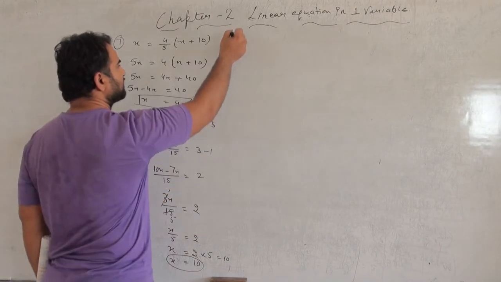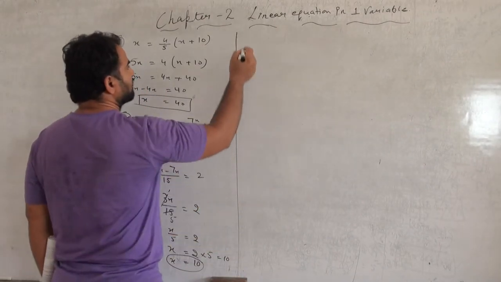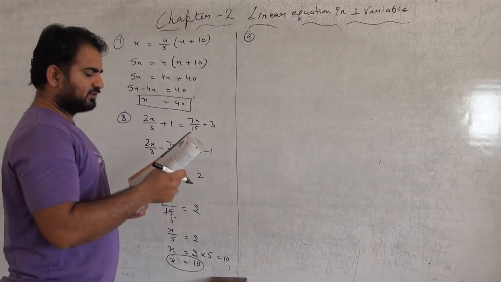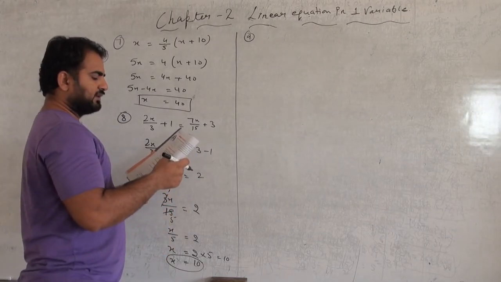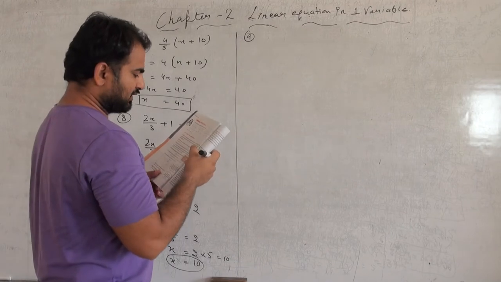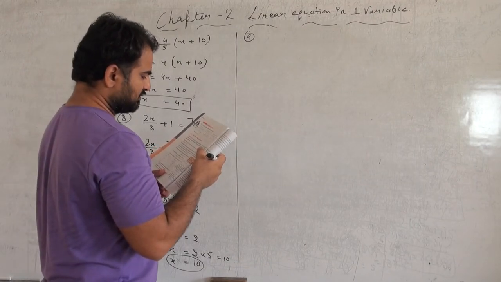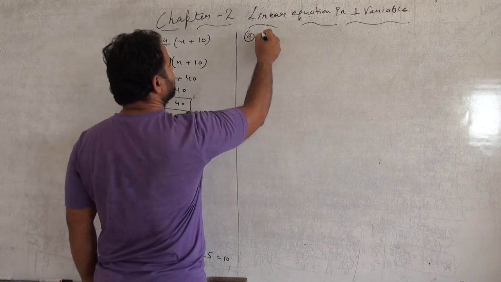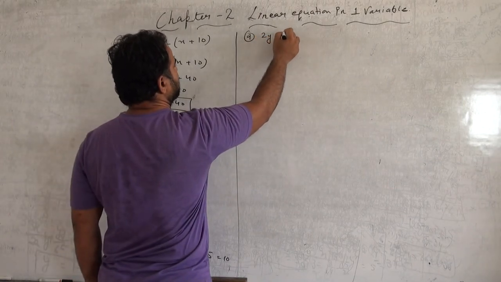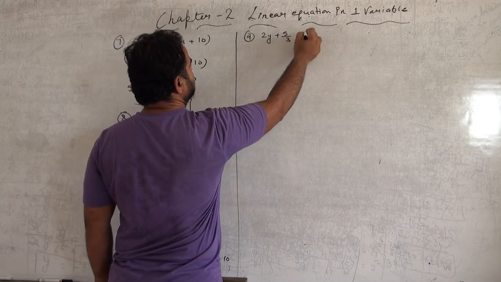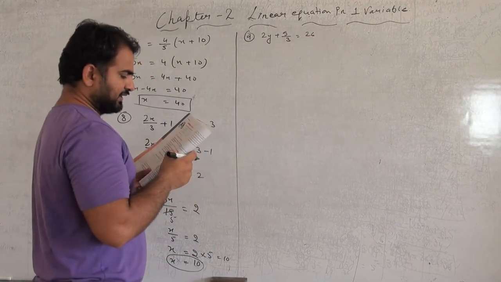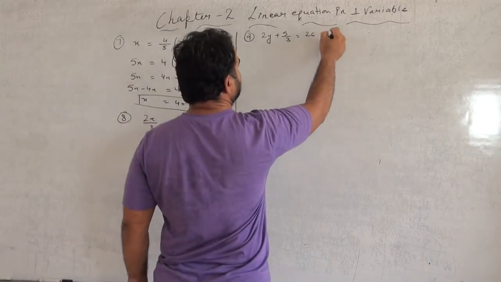Question number 9 is 2y plus 5 upon 3 equals 26 upon 3 minus y.